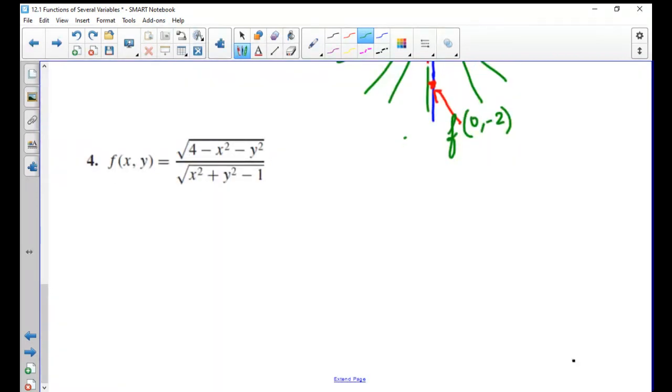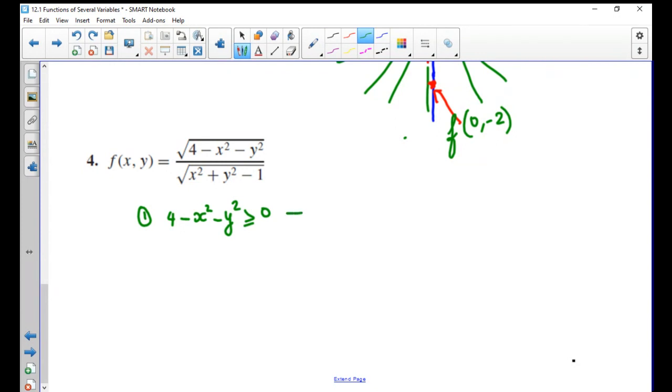Now, this one has two conditions. Basically for this, 4 minus x squared minus y squared must be greater than or equal to 0.